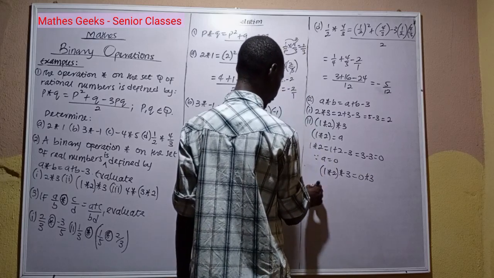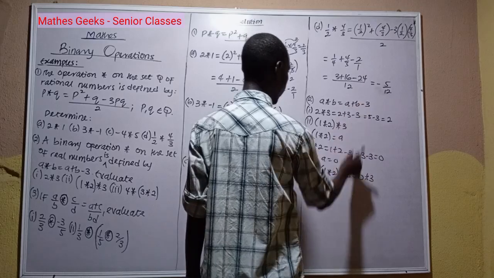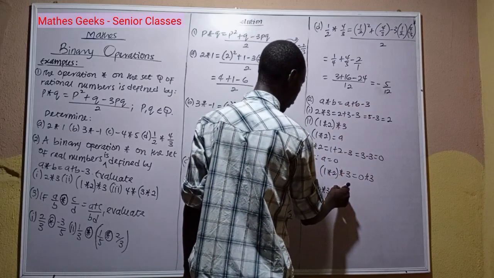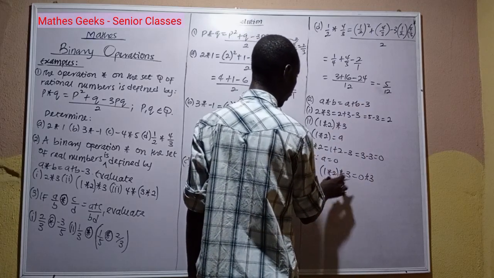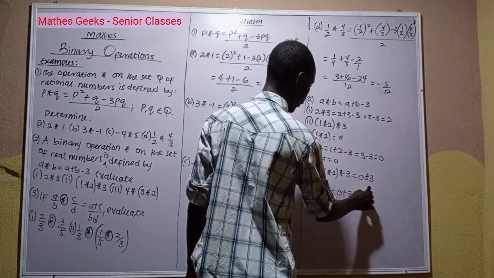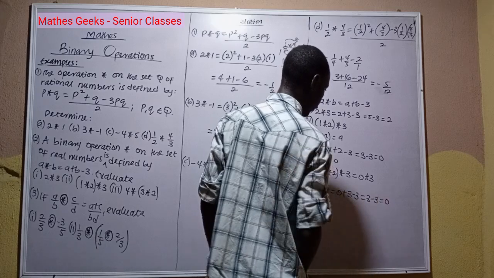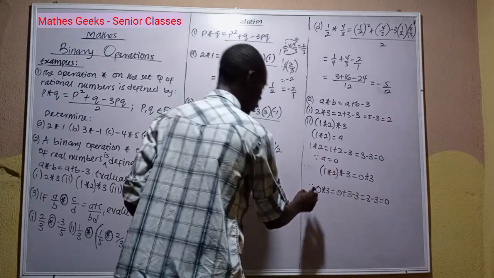So we're going to see therefore 0 star 3 equals the formula: A is 0 and 3 is B, 0 plus 3 minus 3, and that's also 3 minus 3, which is also equal to 0. So my figure 3.